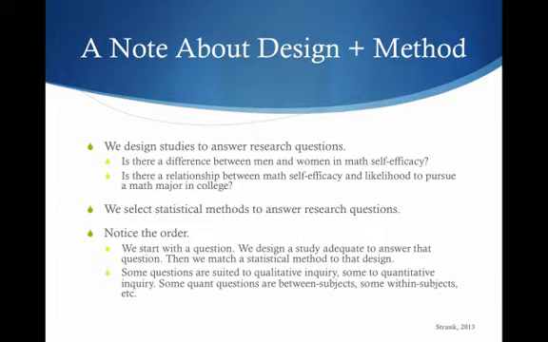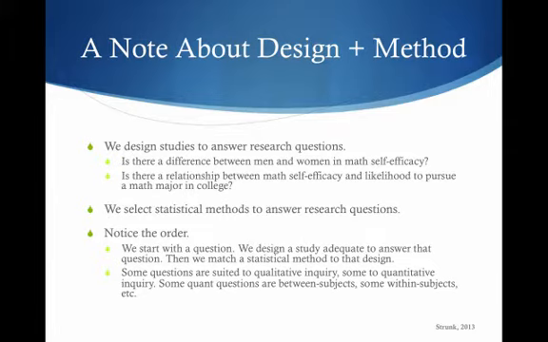We might have a research question about the difference between men and women on math self-efficacy, or the relationship between math self-efficacy and likelihood to pursue a math major. We design a study that enables us to answer that kind of question. Based on the type of research design we set up, we choose a statistic that matches it.